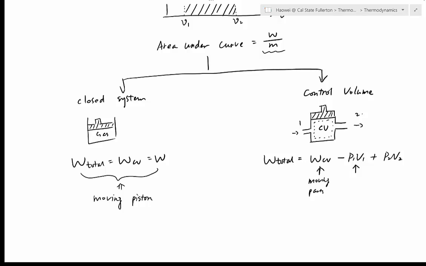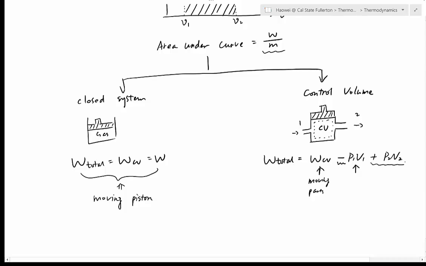If it consumes work, it has to be a negative sign. Next, you use this pressure to push the fluid over a distance. That's work. And how do we calculate this work? P times V. So that's why the second term is minus P1V1. And for the same reason, we have a third term plus P2V2. That's for the exit, number two.